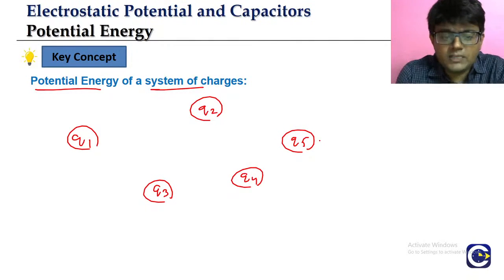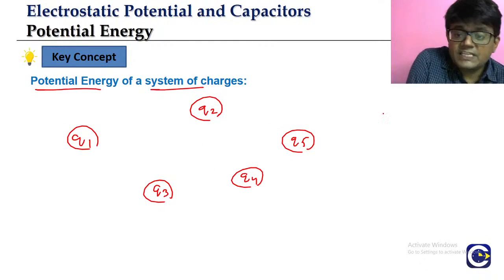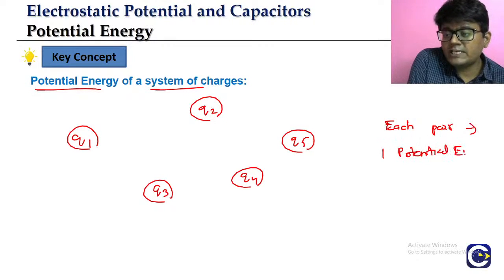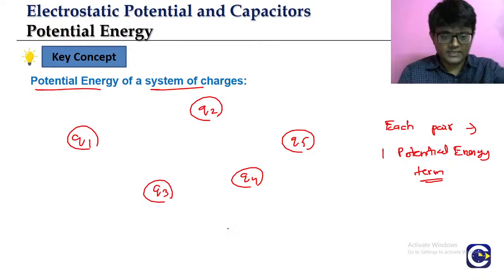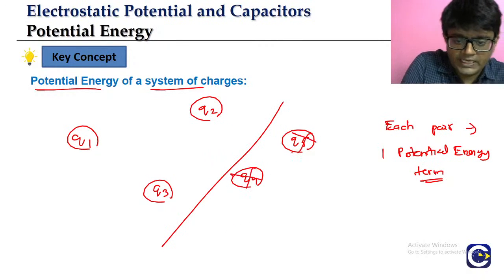How do we calculate the potential energy term? எப்படி தெரியுமா? For each pair one potential energy term will come.